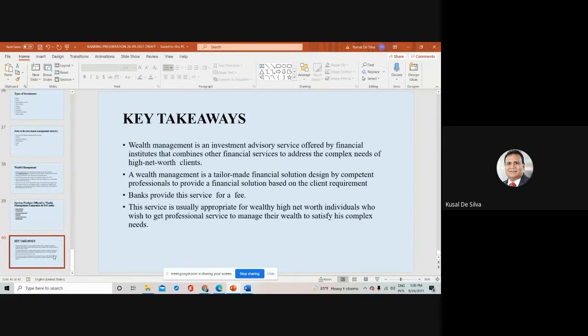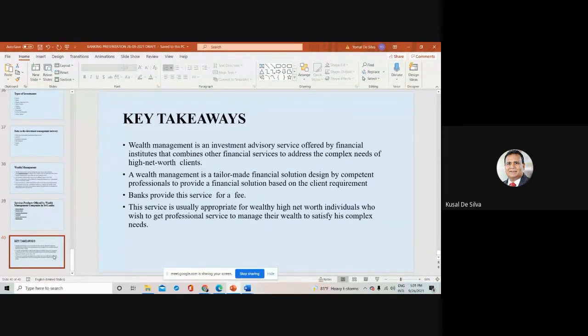Wealth management is an investment advisory service offered by financial institutions that combine other financial services to address the complex needs of high net worth clients. Wealth management is a tailor-made financial solution designed by competent professionals. Very, very important. You and I can't do that.